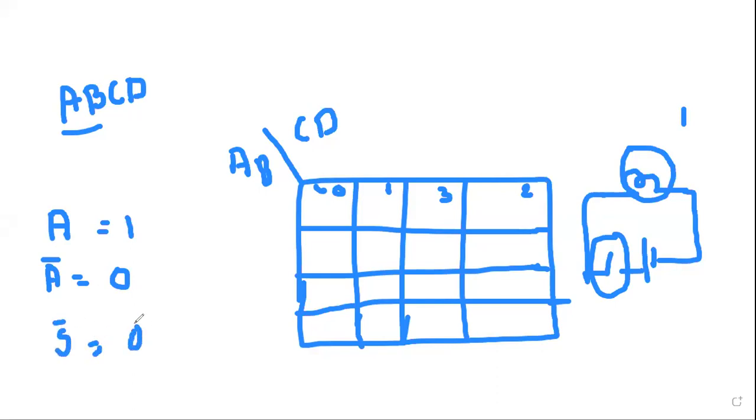It indicates that my switch is open. That's why it will be giving 0. But when the switch is closed, you can say that it is on. So you have to remember in digital electronics, 1 indicates on and 0 indicates off. This is how you can relate your circuit.